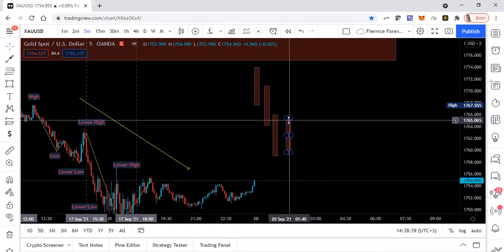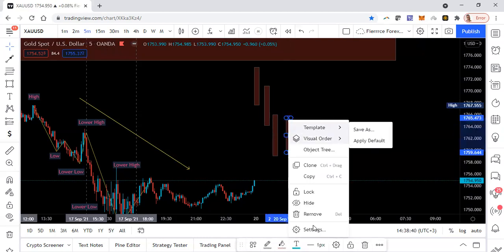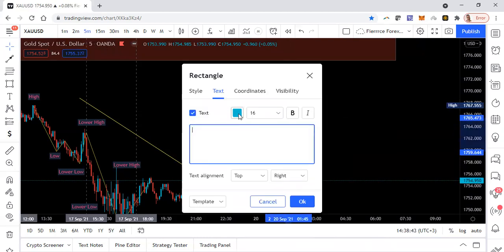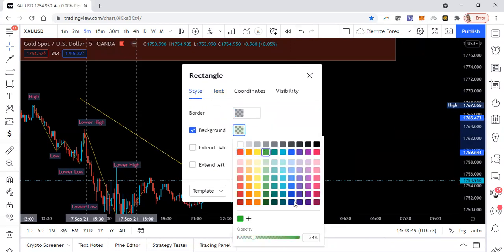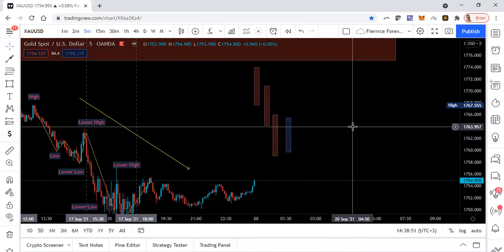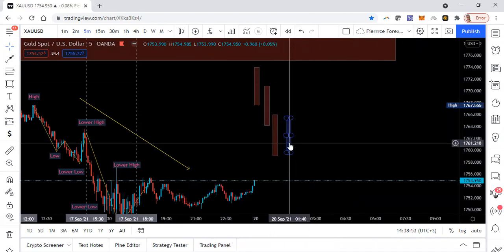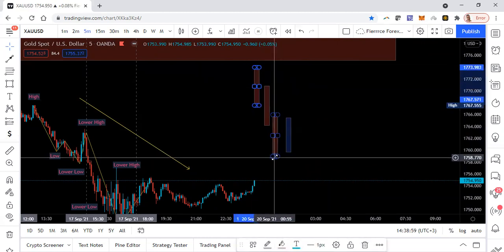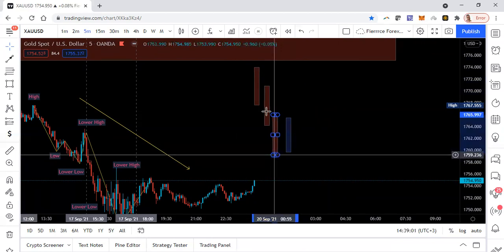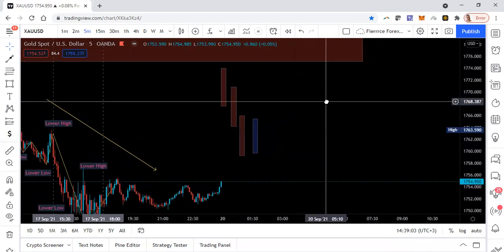I'll change it to green, hopefully, or blue. Yeah, so you can see this. Now, this is a downtrend. You can clearly see that price is pushing to the downside. I hope that makes sense. These are candlesticks. I've just drawn them out.